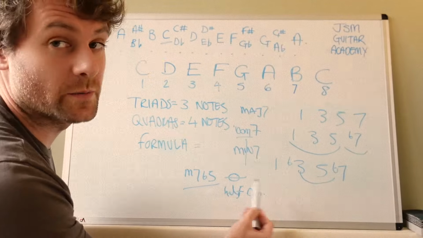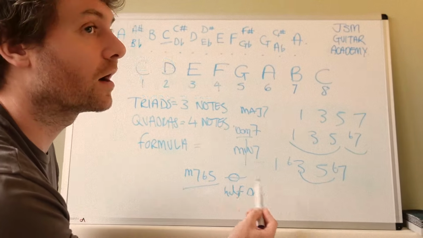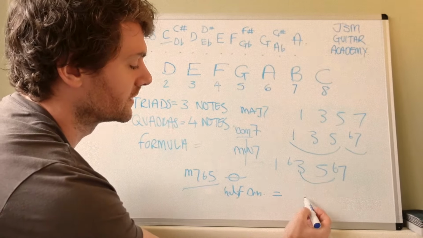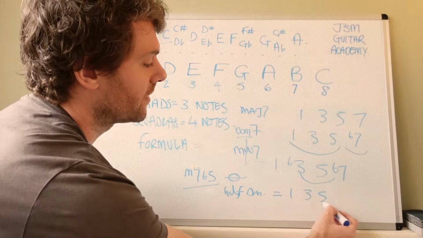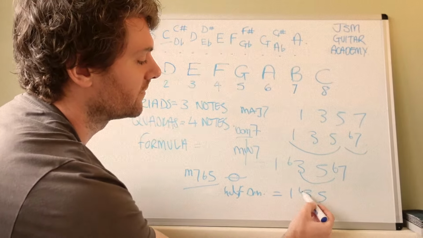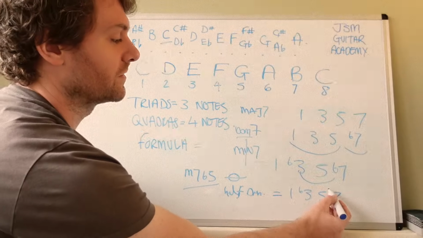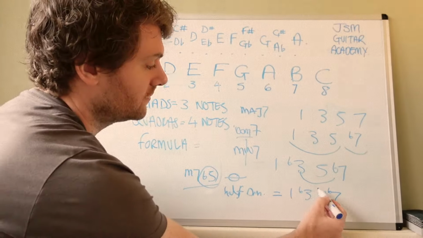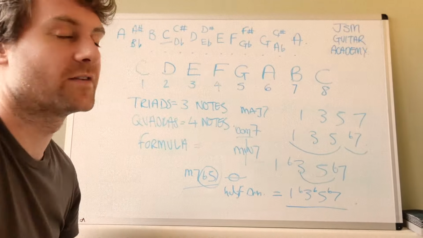Diminished would just be a circle. We're putting a line through it for a half diminished chord. And that's going to give us, let's break it down again. It was 1, 3, 5, major triad, flatten the third, minor triad. Add the 7, it's asking for a 7, it's a minor chord, so we flatten the 7, and the further instruction there is to flat the 5 as well. Flat the 5, minor 7, flat 5.